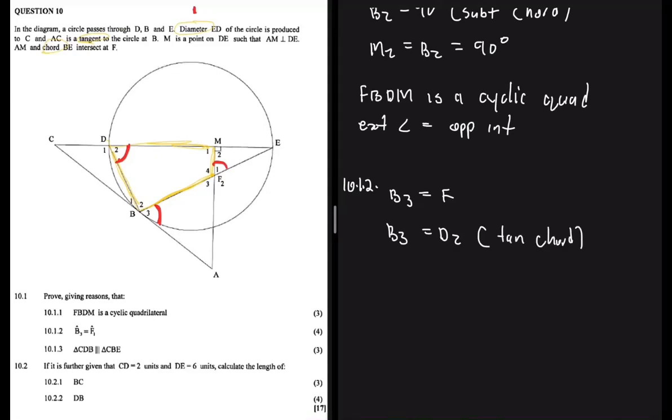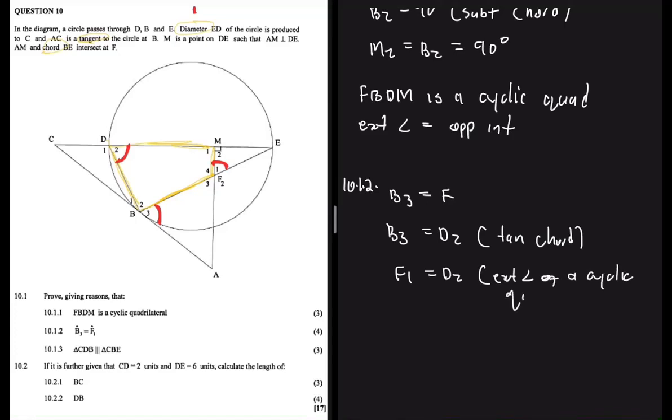right? But then something to realize, we have to realize that F1 is an exterior angle of a cyclic quad, so it is also equal to D2, right? So we can say that F1 is equal to D2. That is because F1 is an exterior angle of a cyclic quad, right?